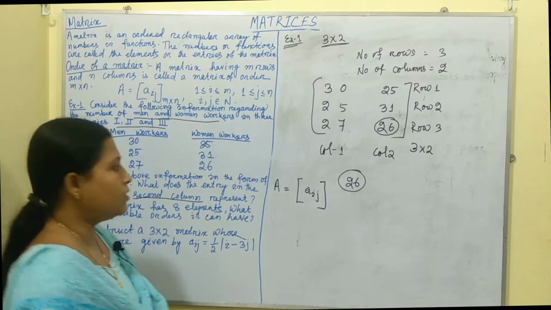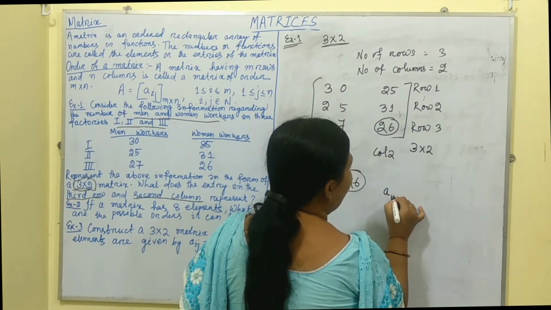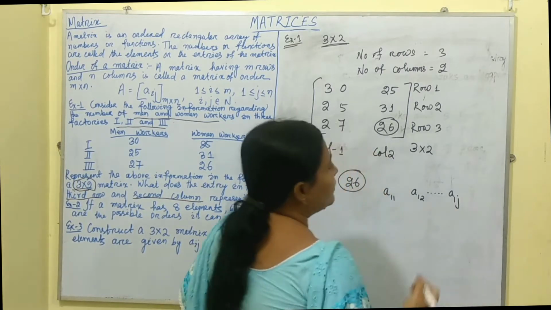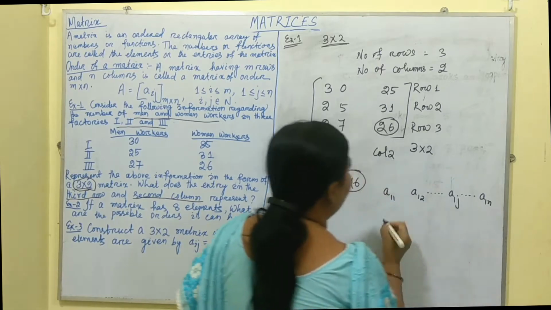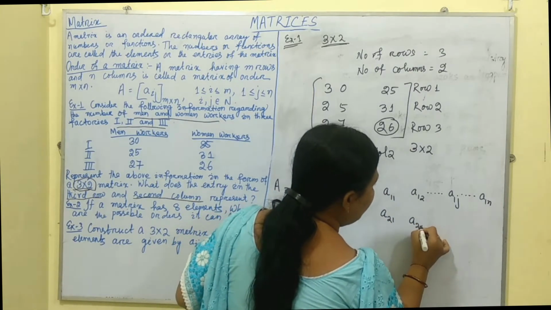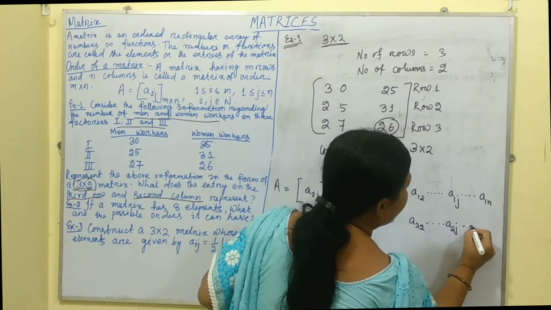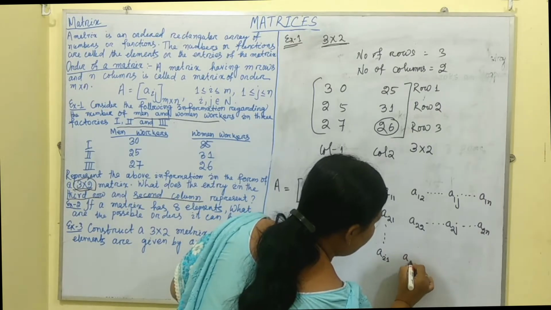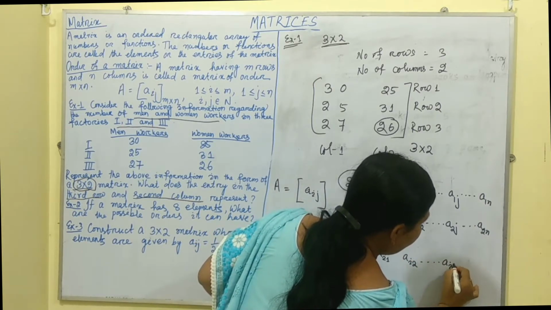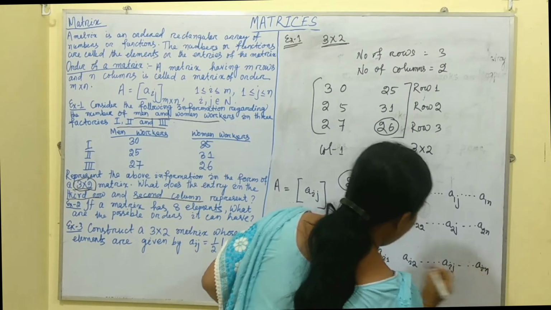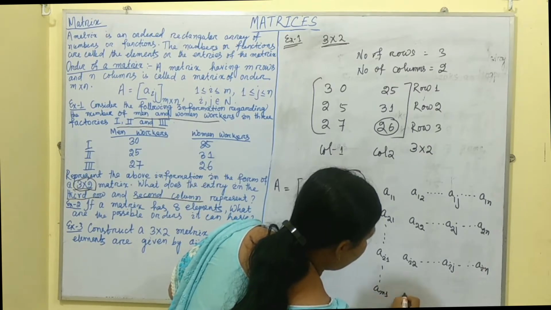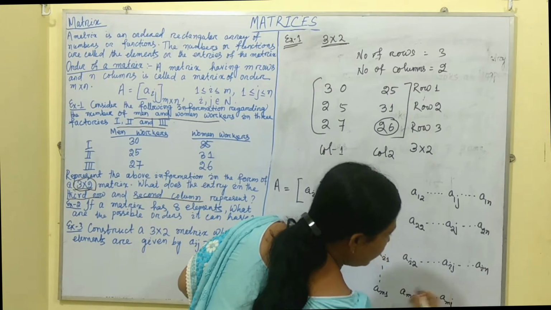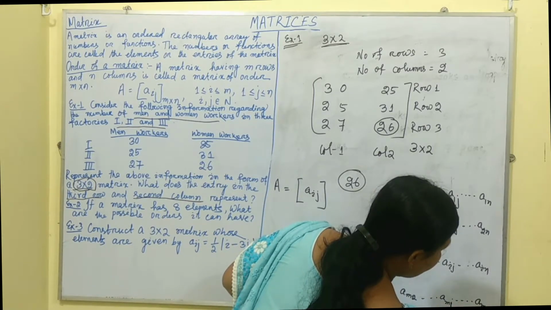So the general form of this particular matrix is A11, A12 up to A1j and up to A1n, A21, A22, A2j up to A2n, Ai1, Ai2, Aij, Ain, Am1, Am2, Am3, Amj, Amn.